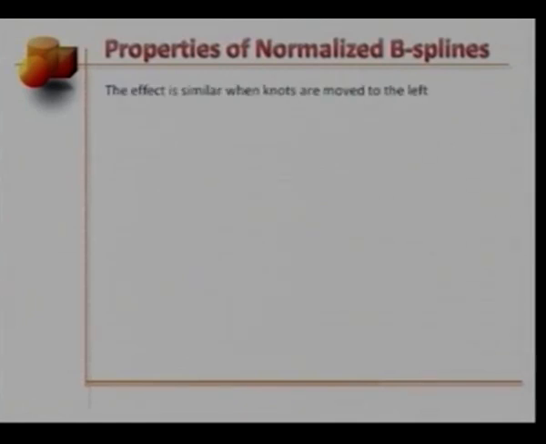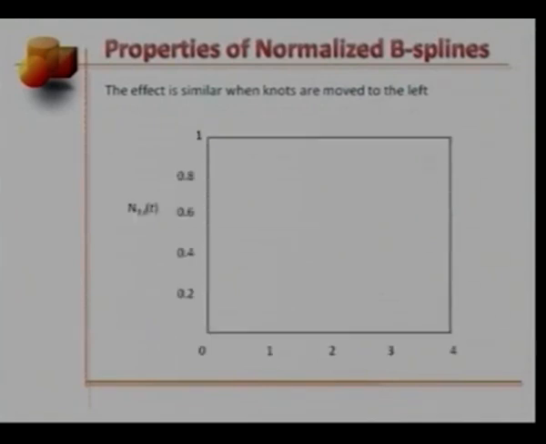The effect is similar when knots are moved to the left. The same function N_{3,i} with T0, T1, T2, T3 as my 4 knots. This is the original basis spline function, quadratic.